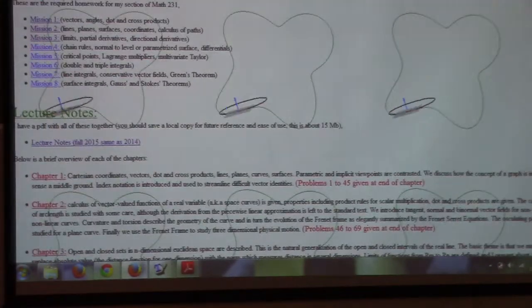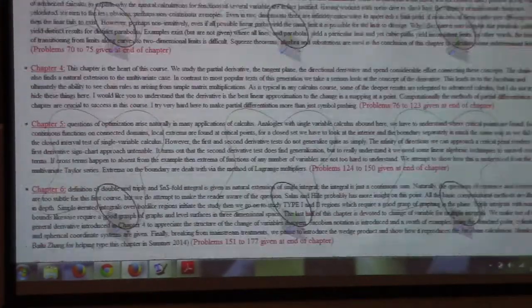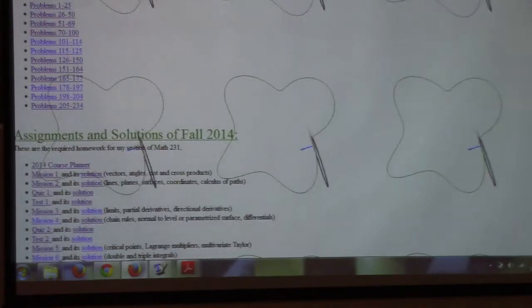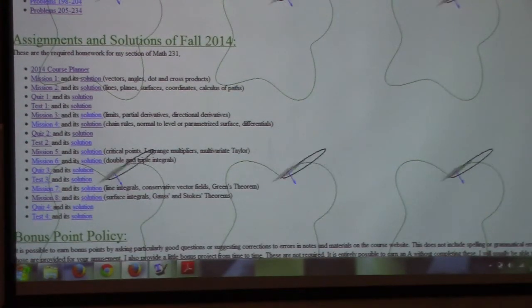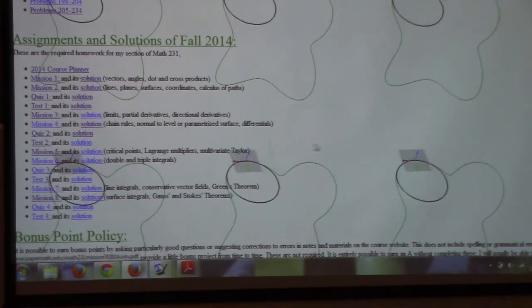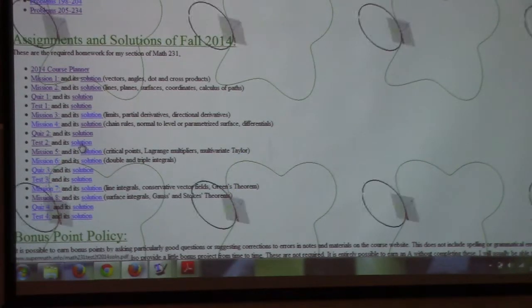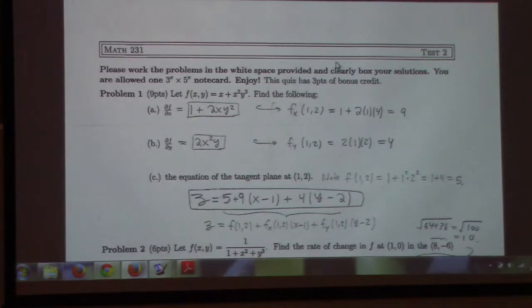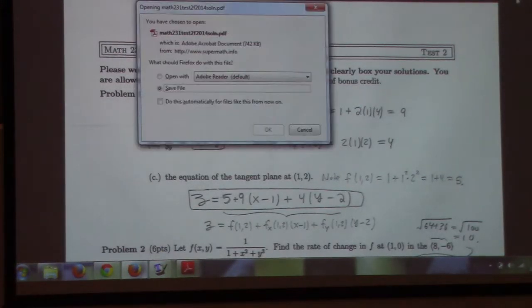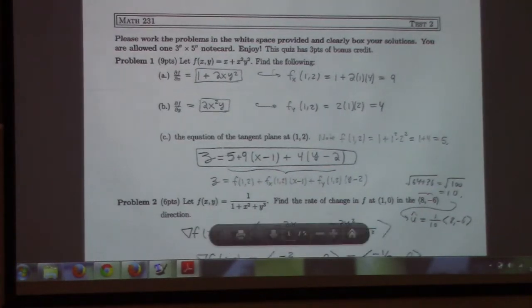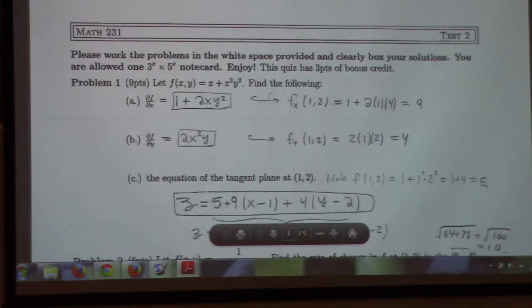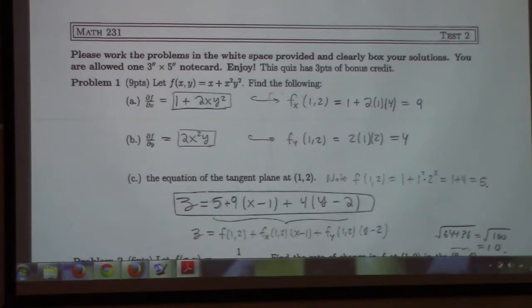I wouldn't do that. Let's see here. Where did I put test 2? Somewhere down here. Where did my cursor go? Oh, there it is.